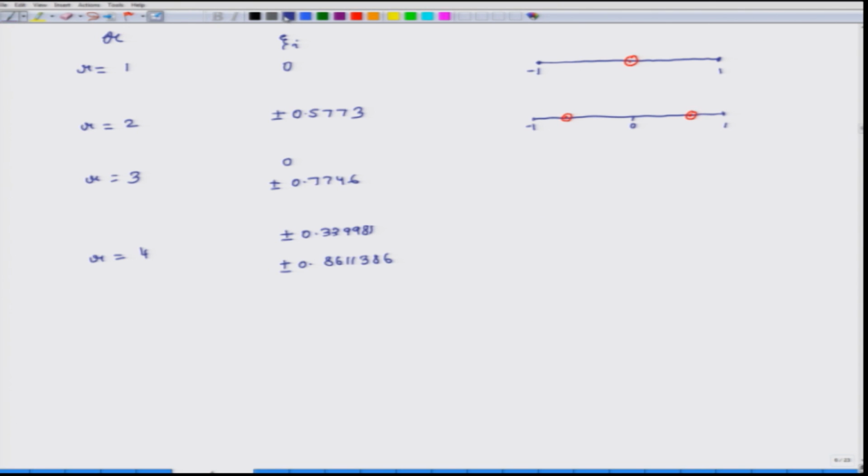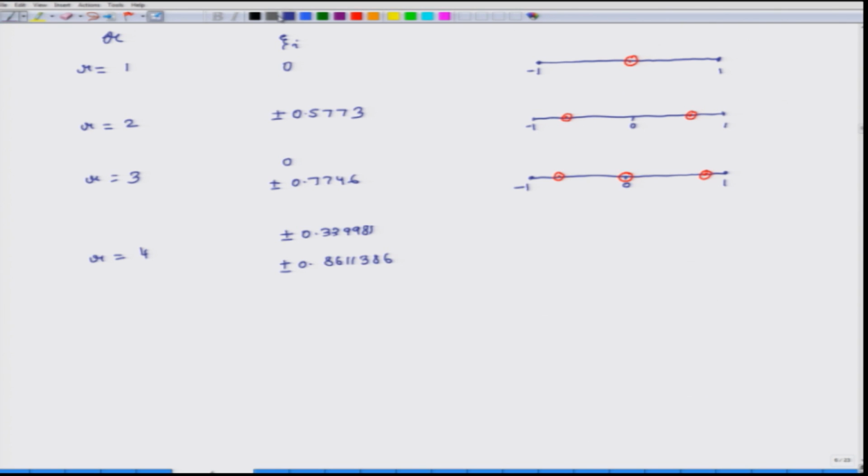If r equals 3, then this is minus 1, 1, 0, then I have one quadrature point located at center, and the other two quadrature points are fairly close to the ends.